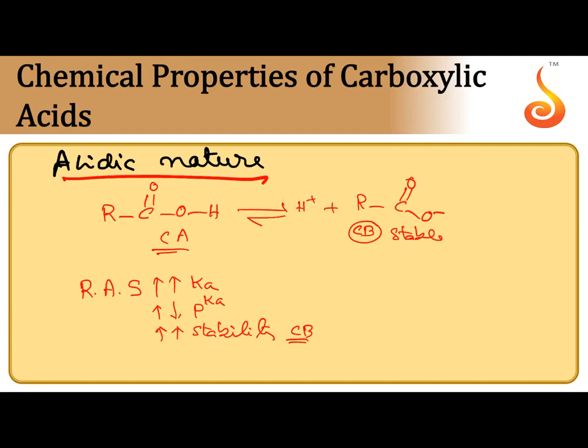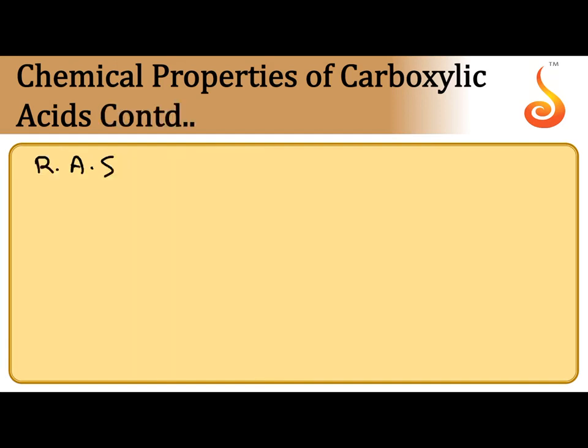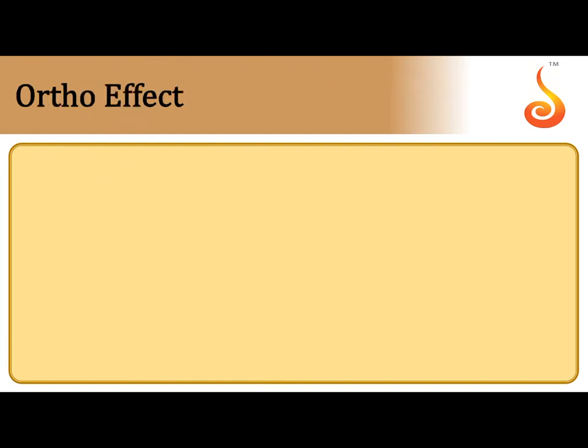So the stability of carboxylate ion is increased by electron withdrawing nature of the group. So relative acidic strength is increased by electron withdrawing nature of group. It is decreased by electron donating nature of a group. So by applying these concepts, we can find out the relative acidic strength of two or more than two acids.